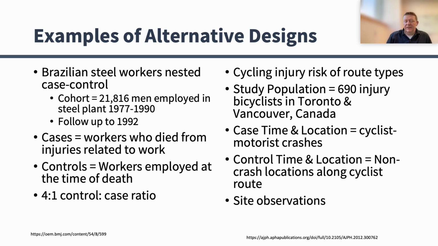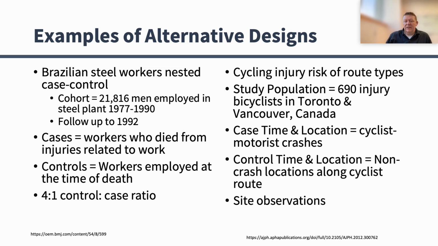They were followed up to 1992, using their employment records plus medical records to identify them. And the cases were those who had died from an injury related to work, and the controls were those who were employed at the same time as that person's death. And they used a 4-to-1 control ratio to study that.